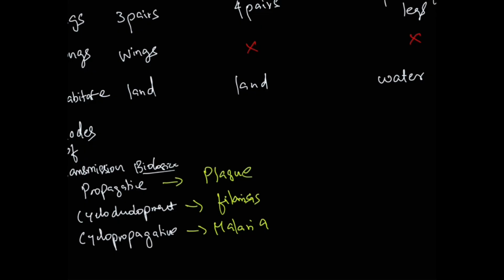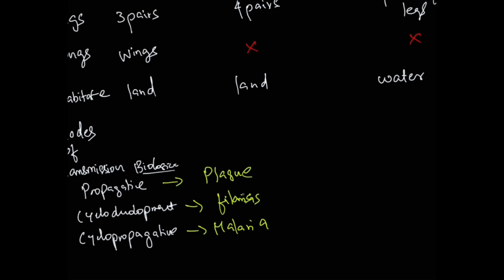Next, coming to the mode of transmission, it is basically of three types: propagative, cyclo-developmental, and cyclo-propagative. Propagative means the bacteria multiply fast before entering the host, for example plague.